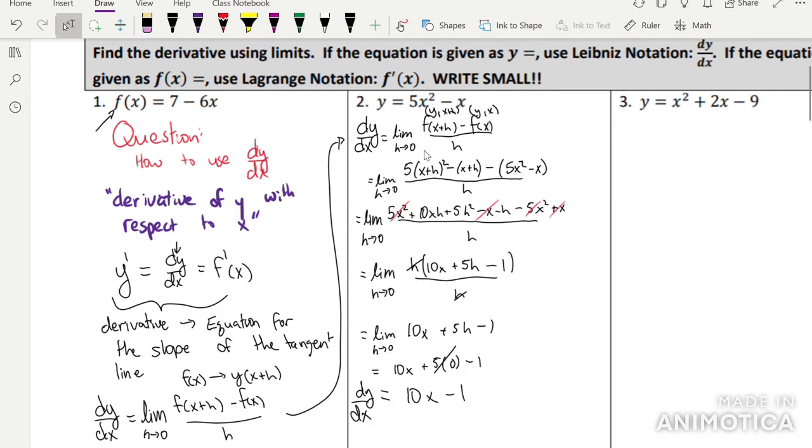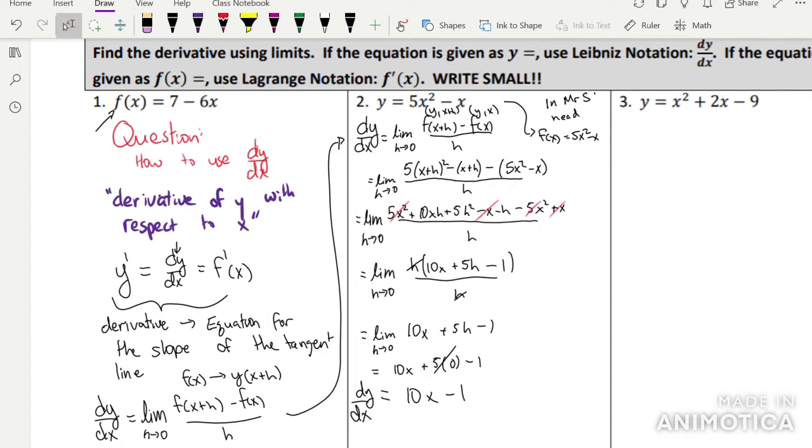So I'm going to write the x plus h here. I'm going to write the regular y equals over here, and then I work through it the exact same way. Sort of for me in my head, so in Mr. Sproul's head, I sort of convert this to f of x equals 5x squared minus x. And then I solve it exactly the same way.